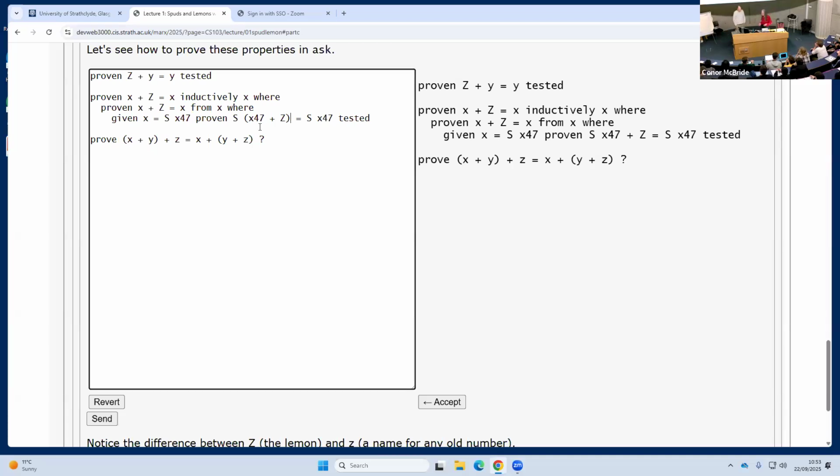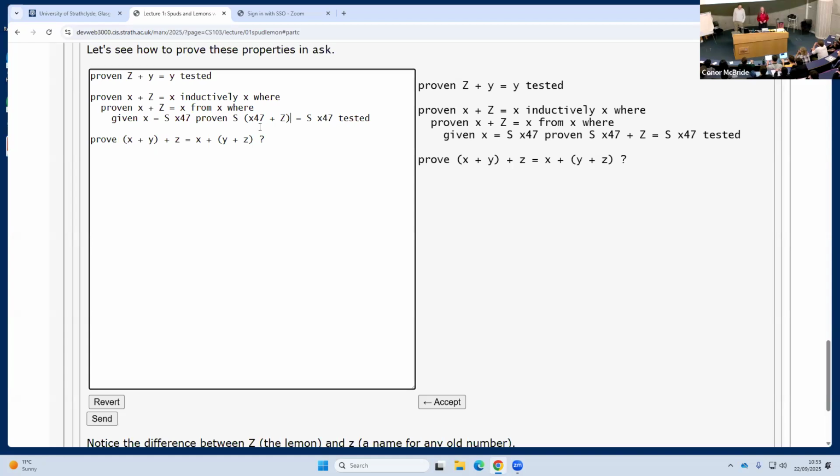So the goal about the larger number reduces to the same problem about smaller numbers. So the inductive explanation is saying that we can solve the large problem because the smaller problem is already given to us. That's what inductively means here: we're going to work by making that number smaller and smaller until we eventually get to 0.